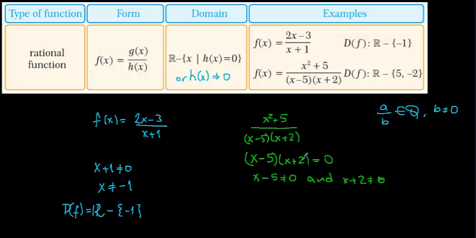When the multiplication of two things is equal to 0, you remember, one by one they should be equal to 0. Here it is not, so one by one they are not going to be equal to 0. Okay, x is not equal to 5 and x is not equal to minus 2. So the domain of f is, I used the wrong notation here, all real numbers except 5 and minus 2.